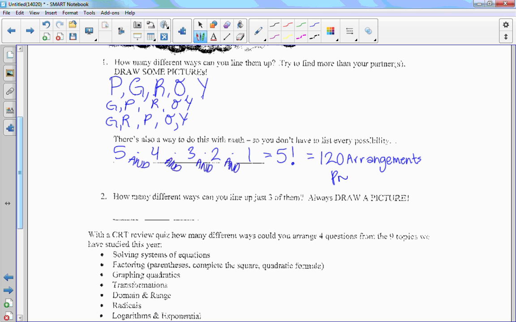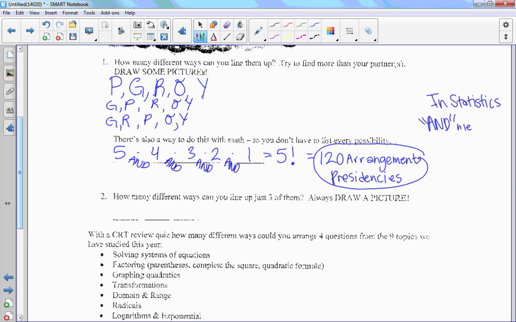So we write this down. Now, in statistics, notice I wrote the word "and" between all of those numbers. What do we do between all those numbers? We multiply.